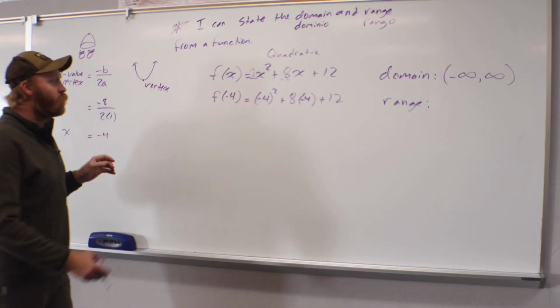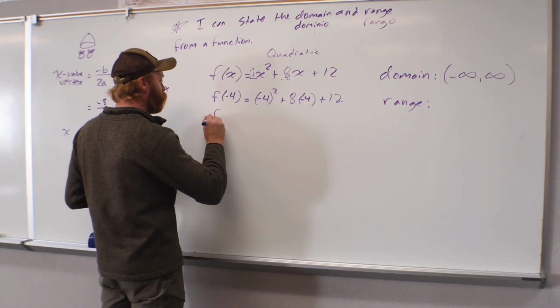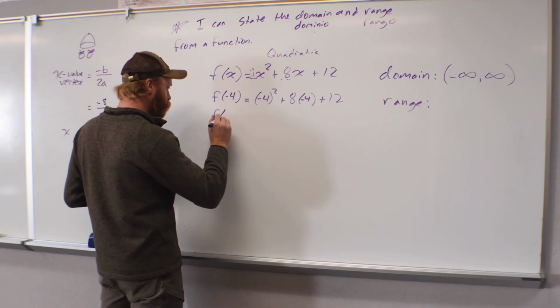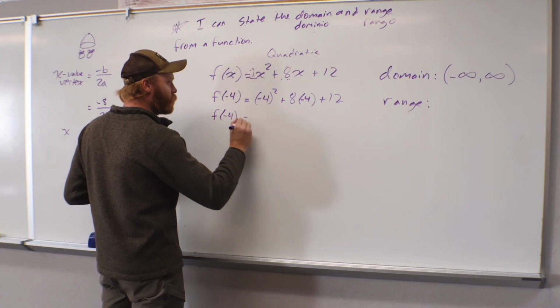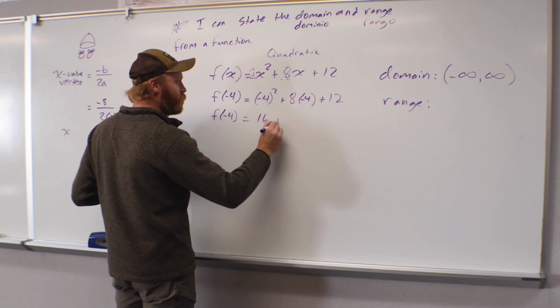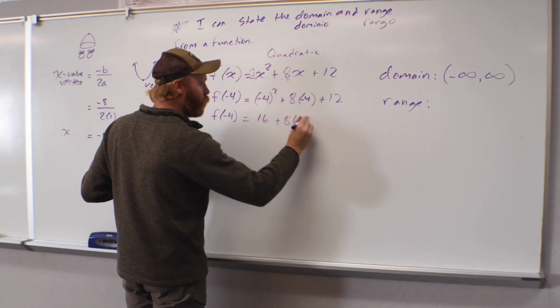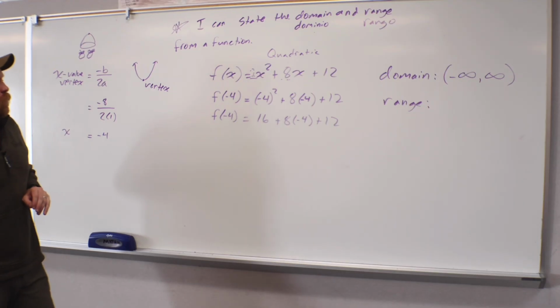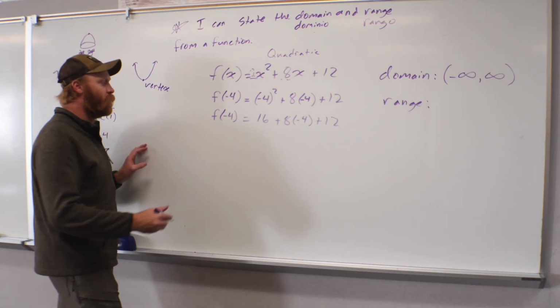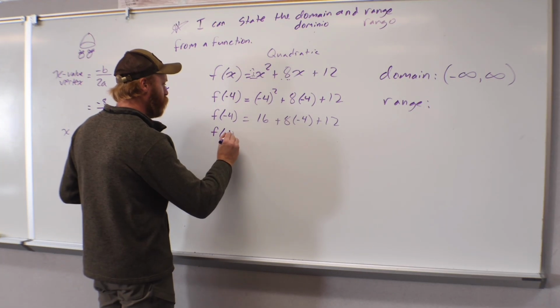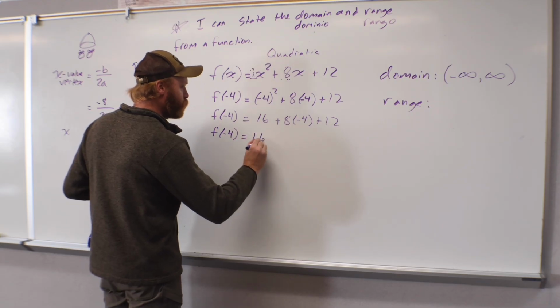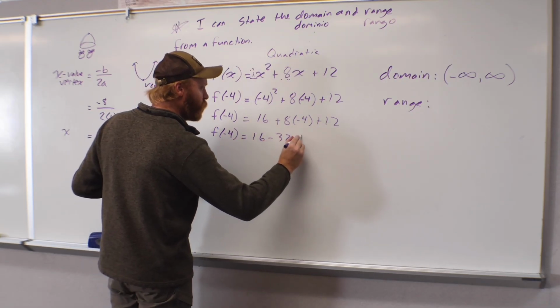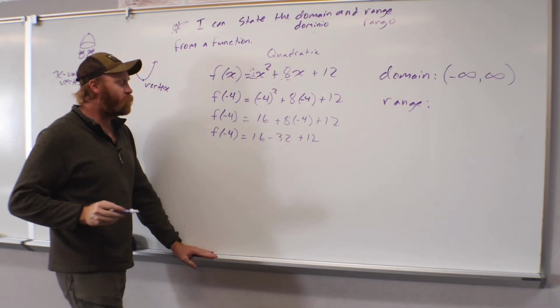So here we go. Doing PEMDAS, we're going to do negative 4 squared, so f of negative 4 is going to equal positive 16 plus 8 times negative 4 plus 12. And now we're going to go to our multiplying. 8 times negative 4 is going to be negative 32. So minus 32 plus 12. Now here's a little trick.